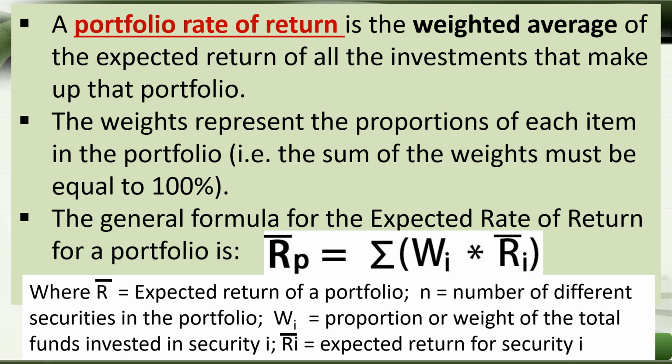This is the percentage and this is the expected return that we calculate. The sum of these percentages has to be 100, and the returns are the individual expected returns. Most of the questions give this information.